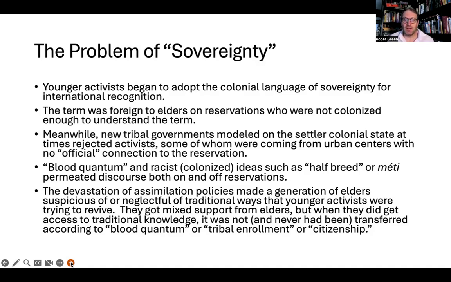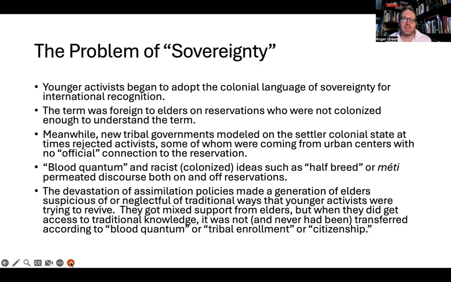The whole idea of blood quantum is both a racist and a colonized idea, with ideas like half-breed or Métis, with an S, up in Canada, people who are half native, half Euro-Christian, right? So that permeates the discourse both on and off reservations.